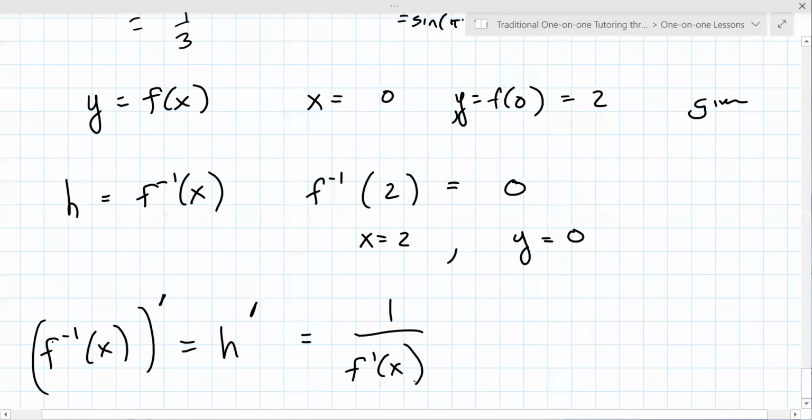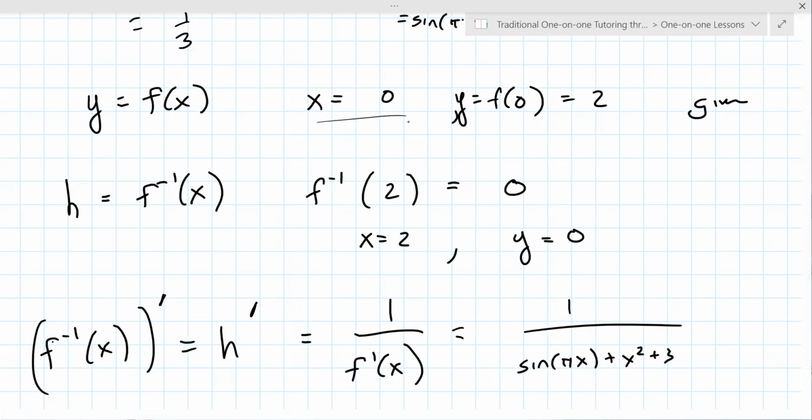So it's 1 over sine pi x plus x squared plus 3. And you have to use the original values because you're dealing with f. That's why you put this 0 in. So it's the flip of the inverse. If that's how you want to remember it, I don't want to say yay or nay.